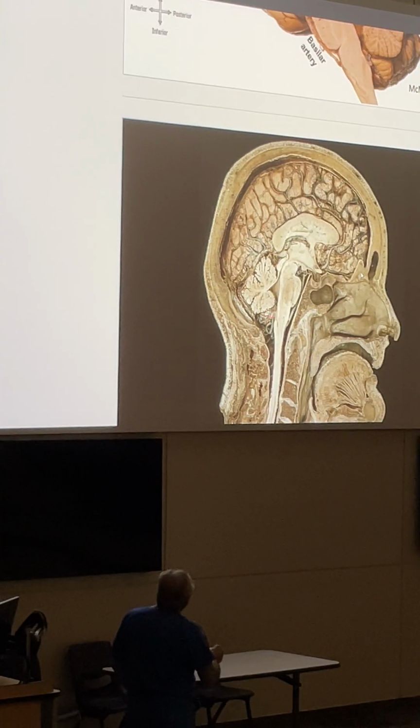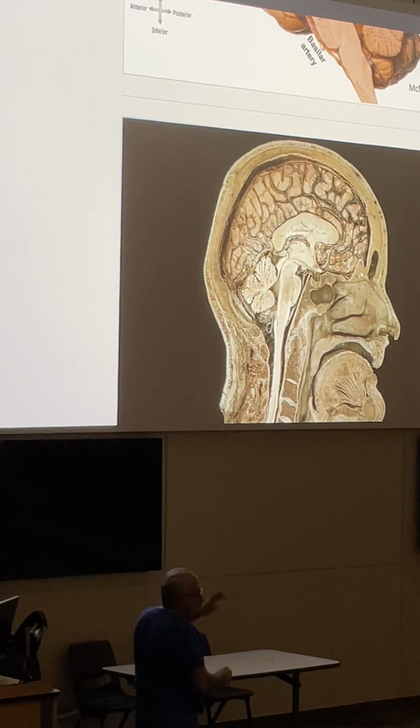Tonsil is here. So here is practically a cross-section of C1, posterior arch, anterior arch. This is the dens of C2. It's not on your exam, you took the exam for it. I'm giving you orientation.